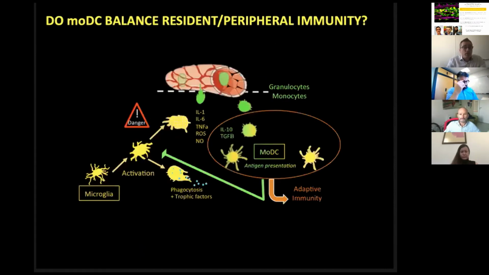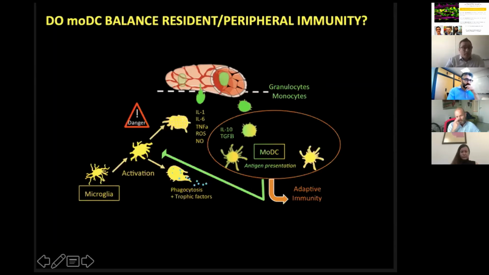And this is important because these cells that have antigen presentation capability are able to educate T cells, B cells, in any case, adaptive immunity. And literature has also reported that they were able to dampen the activation of microglia. So basically, this double-labeled cell that we have found in our mouse model seems to be a switch regulating the balance between the resident and the peripheral immunity, and possibly the adaptive immunity.